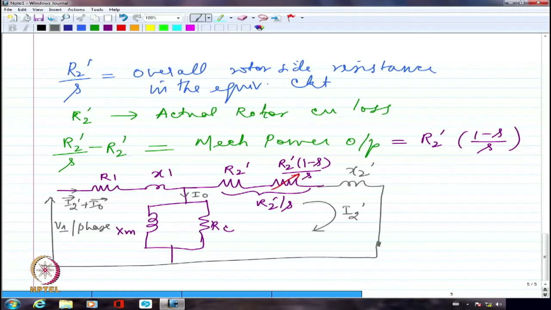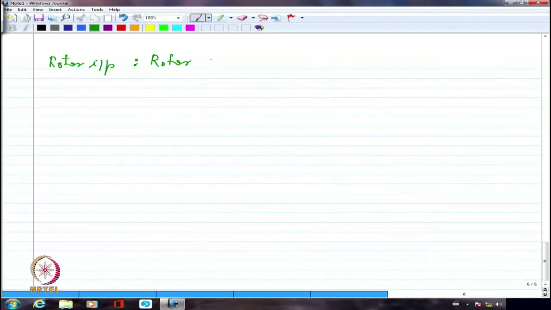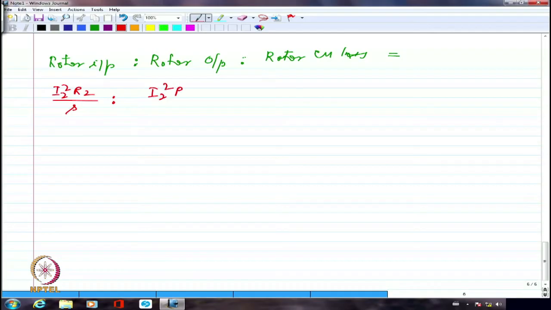So I am going to have the rotor input is to rotor output is to rotor copper loss. I am just trying to write it in terms of ratios. So this is going to be I2 square R2 by S is to I2 square R2 by S into 1 minus S, and this is going to be I2 square R2 as such.